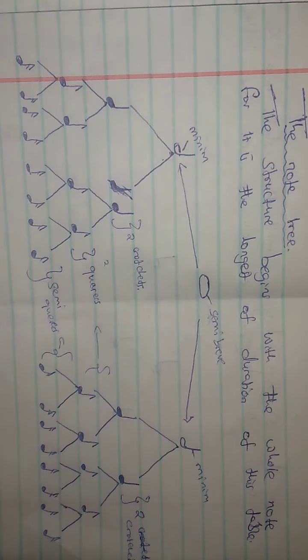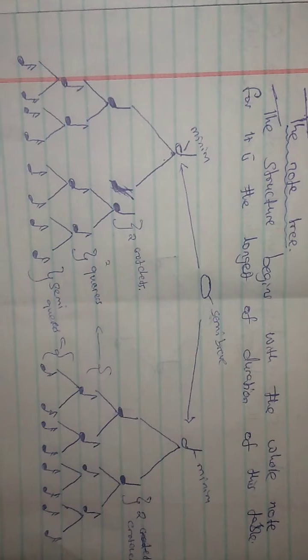From the note tree, we can see that the semibreve is the longest duration in this table, and it is made up of 2 minims. The minim itself is made up of 2 crotchets. A crotchet is made up of 2 quavers. A quaver is made up of 2 semiquavers.